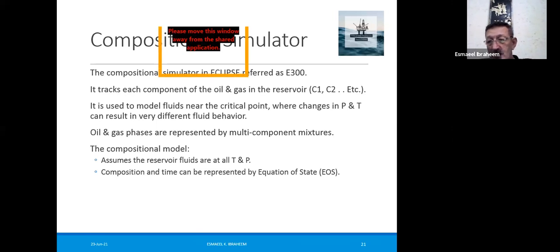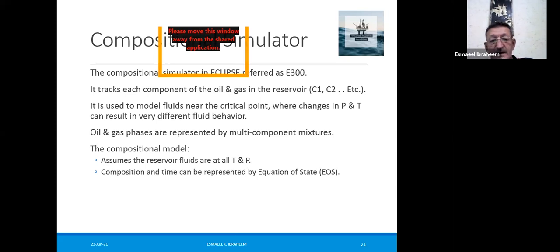Of course, as you know, any fluids in the reservoir will change their behavior according to pressure and temperature, which is referred here to the gas mainly, and when it becomes gas, when it is fluid, and when it becomes gas again, or condensate. And this is called the phase behavior.